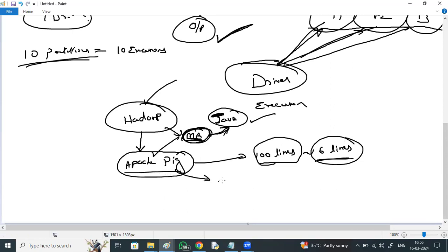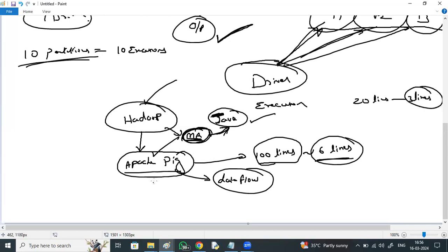Pig is also a data flow language, with many inbuilt functions. No need to write any code: 20 lines of Java code in 3 lines in Pig.